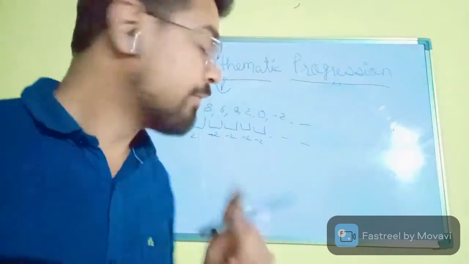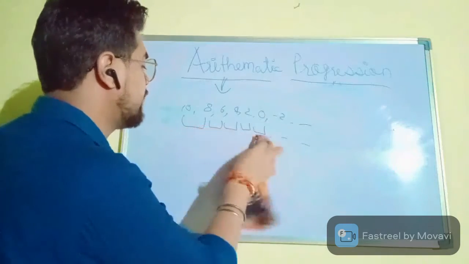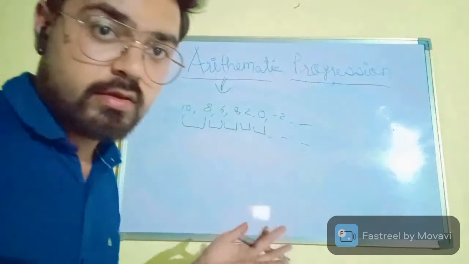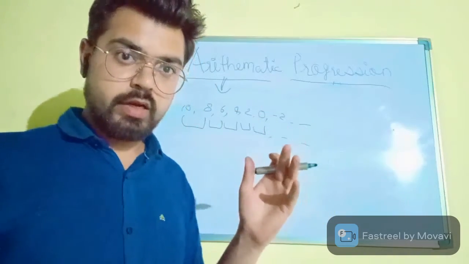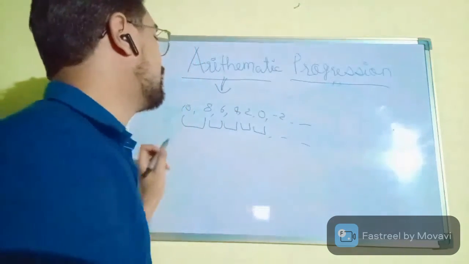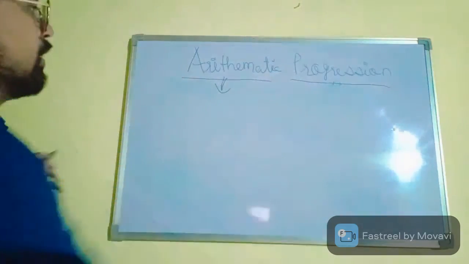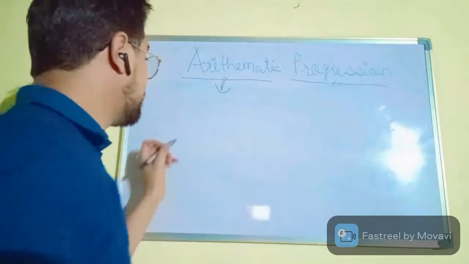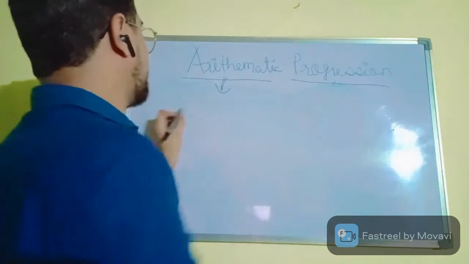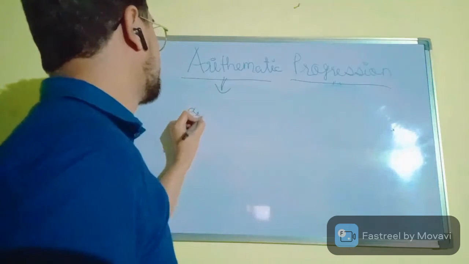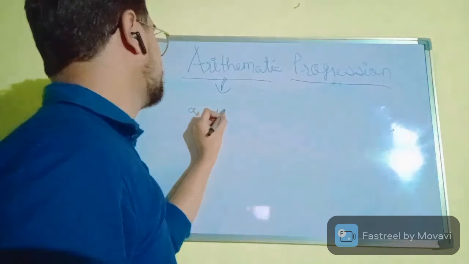Common difference is the difference between a term and the previous term. So how can we define this? In an arithmetic progression, the first term is denoted by a1.